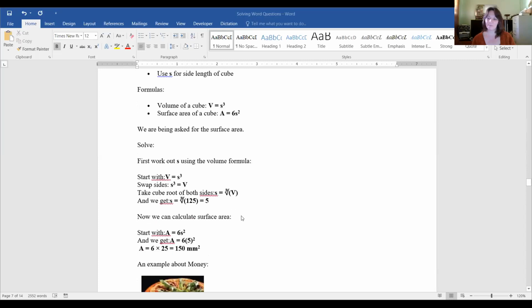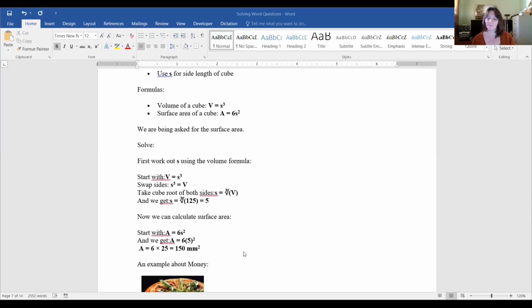Okay. So we know now that that's s. And then we simply substitute back into the formula for the area, and we get 6 times s squared. s is 5, so 6 times 25 is 150. So the area is 150 square millimeters.